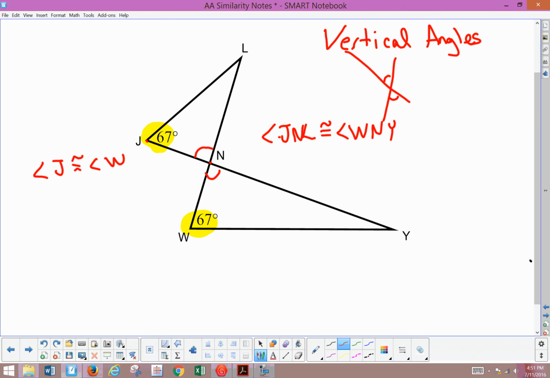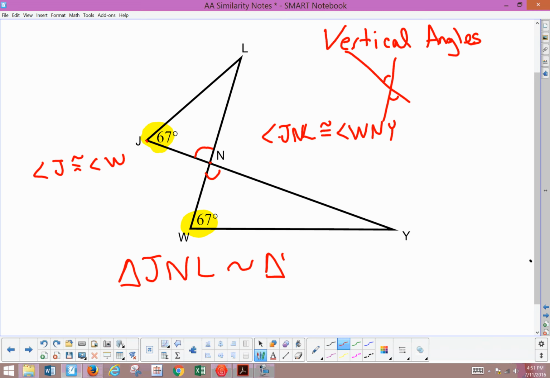So I'm going to name them. When I name these similar triangles, I'll say triangle JNL. That's my top triangle. Is similar to triangle. Well, what matches the J?